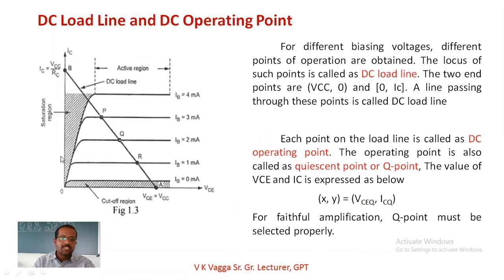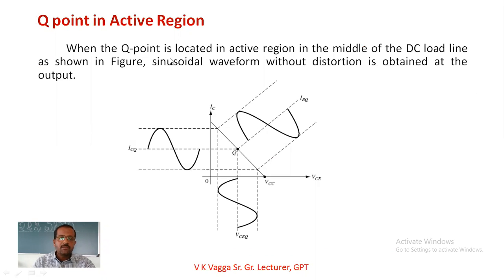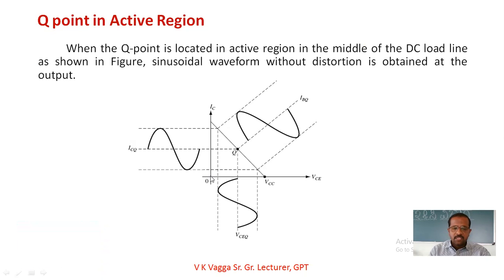If the operating point is located in the active region, in the middle of the DC load line, the sinusoidal waveform is obtained at the output without distortion.